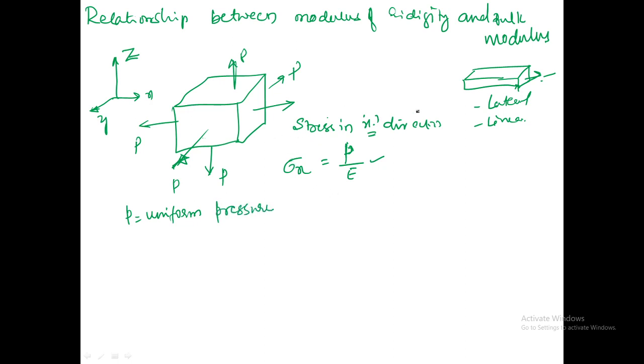I have written stress in x direction, sigma x equal to P by E, where P is a uniform pressure which is going to act mutually perpendicular to each other, that is, in the directions of x, y and z.